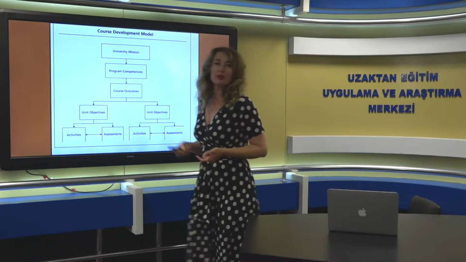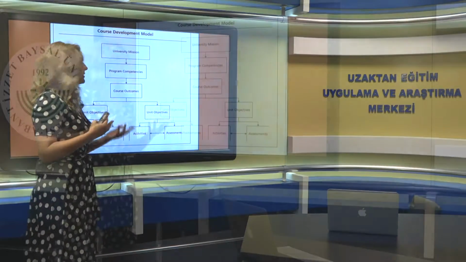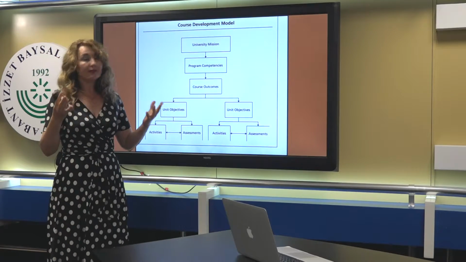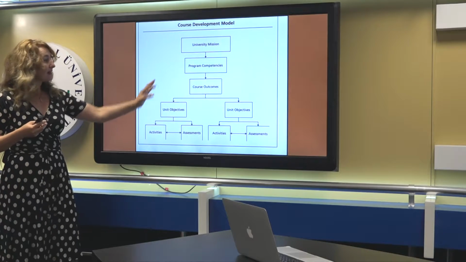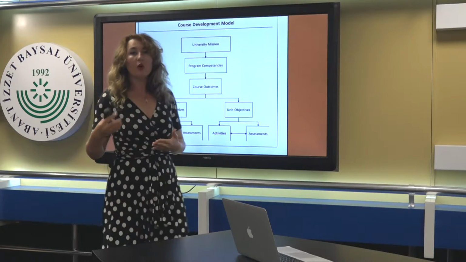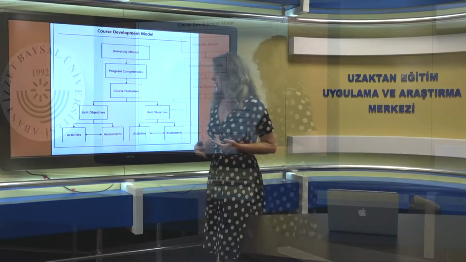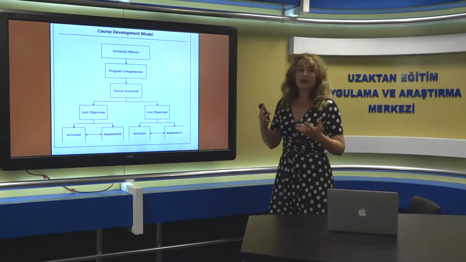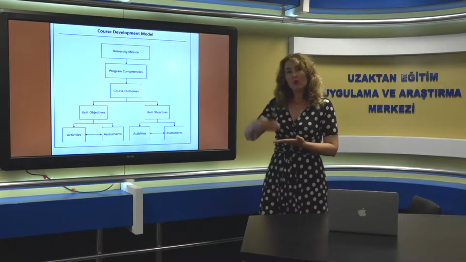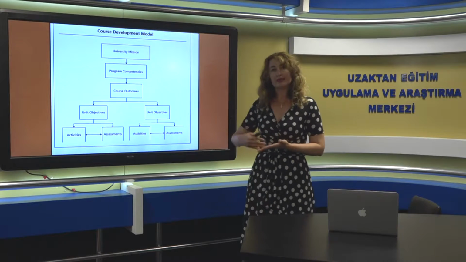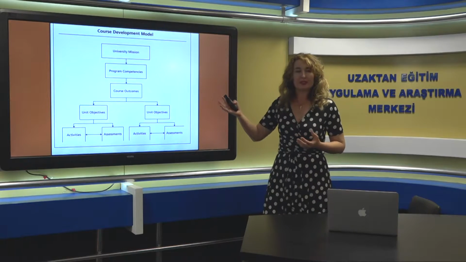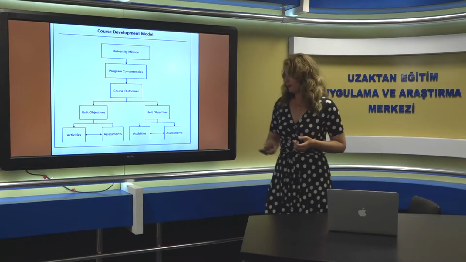First of all, we are thinking about the university mission and the main purpose of the program of training the students. Then within the program we are defining competencies and highlighting the outcomes. The outcomes are represented within the units and the objectives of each separate unit. According to the objectives, we are developing and designing activities and assessments which should coincide with the content of the activities, objectives, outcomes, and competences, and of course the mission of the whole program.